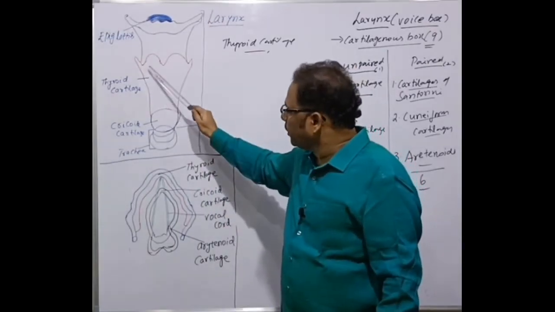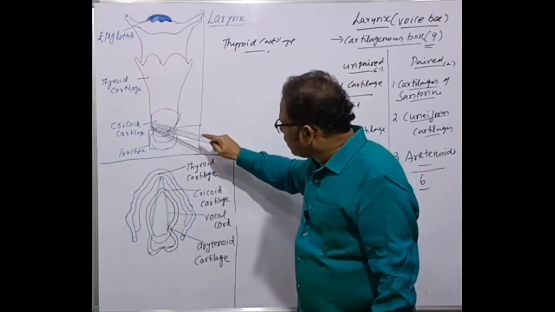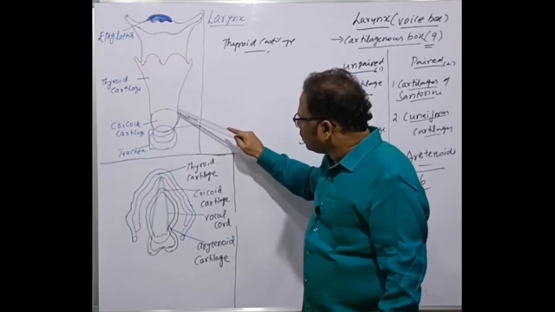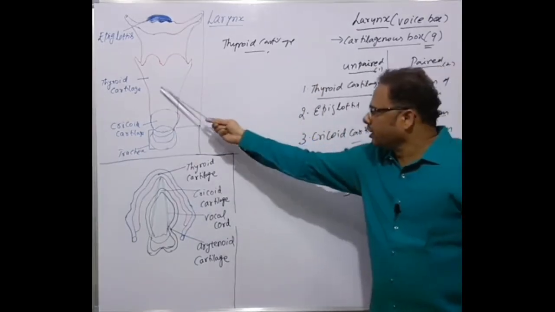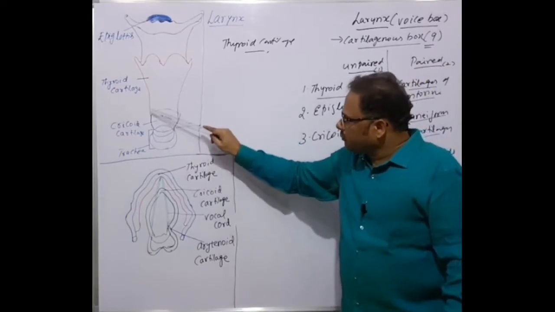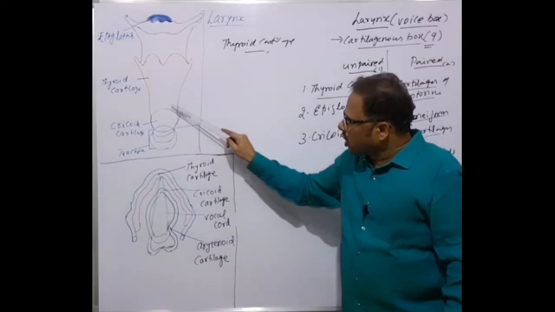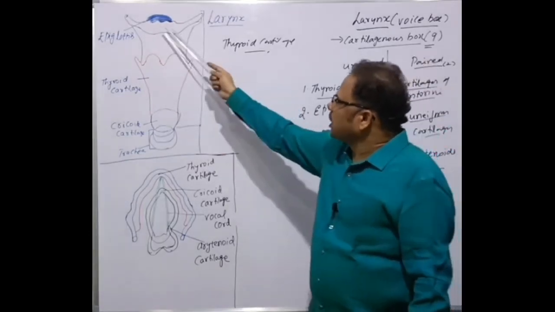And here is another unpaired cartilage. This is the cricoid cartilage. Thyroid is unpaired, cricoid is also unpaired. Both are very closely articulated here. Thyroid and cricoid cartilages. And this is epiglottis.